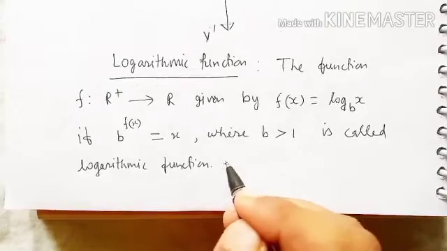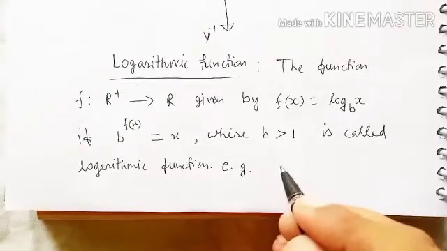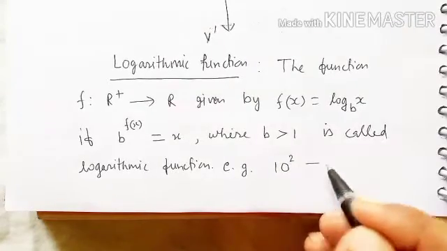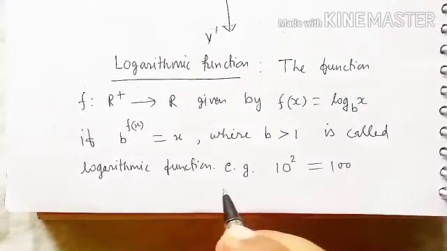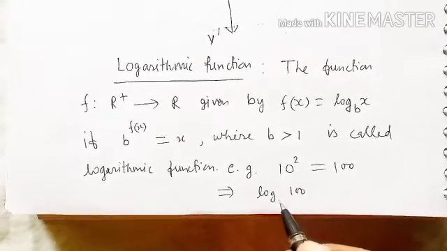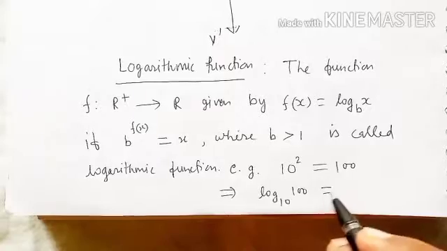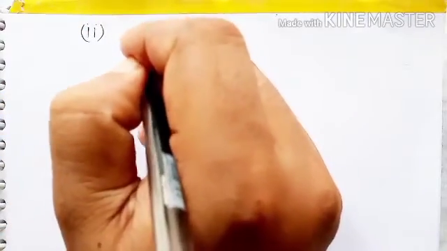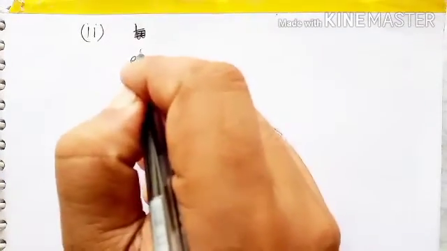For example, 10 square is equal to 100. This implies that log of 100 to the base 10 is equal to 2. Second, e to the power 0 is equal to 1.